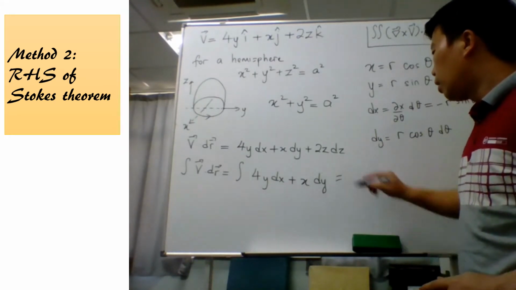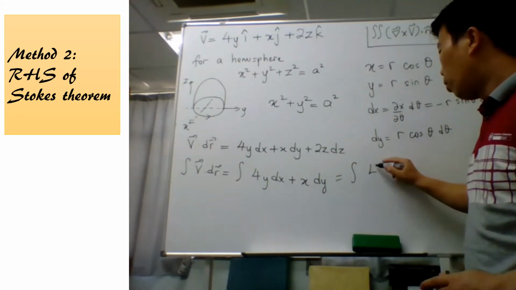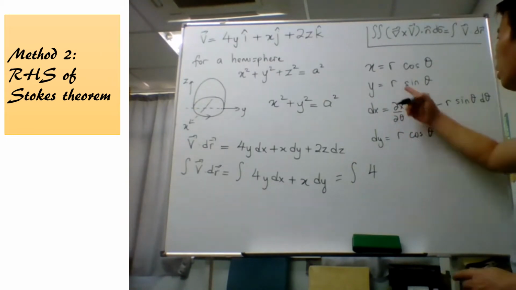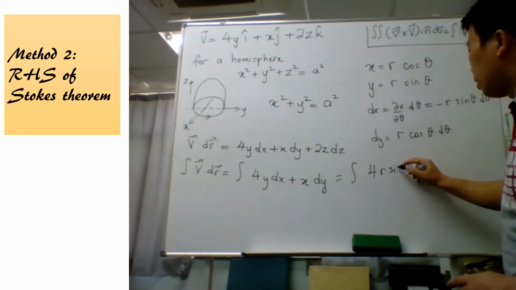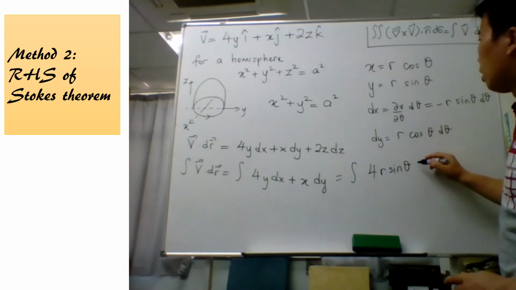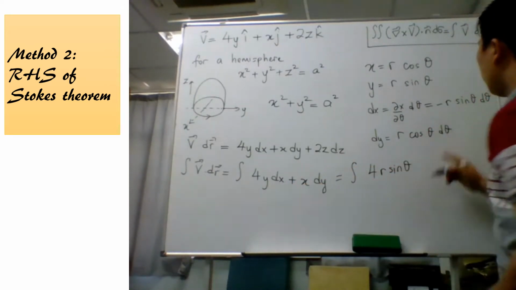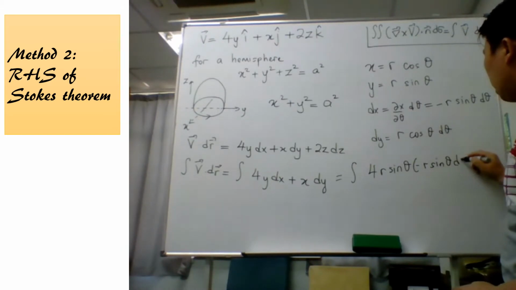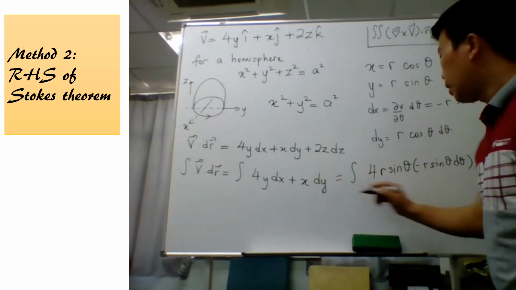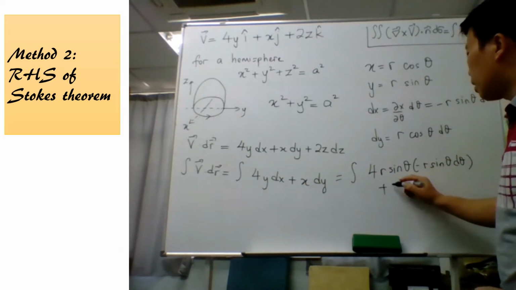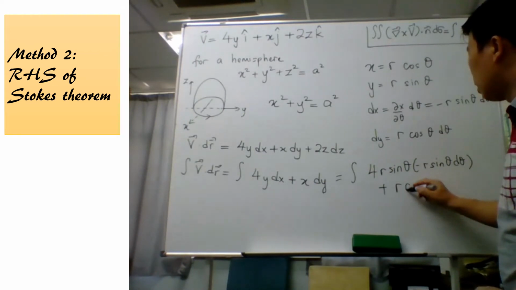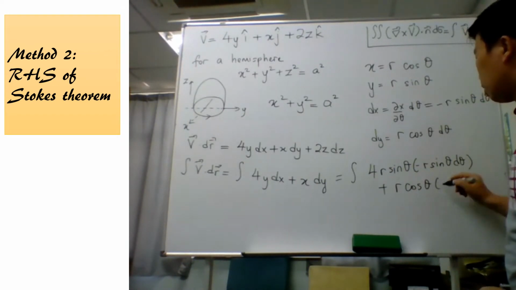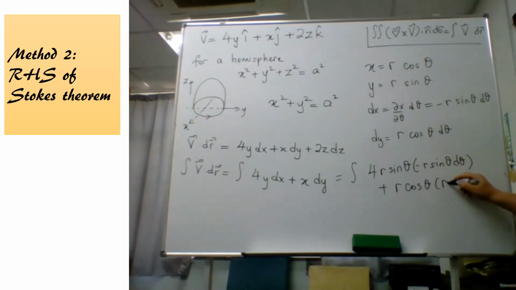So this is now going to be 4y is r sine theta, and dx is minus r sine theta d theta, plus x is r cos theta, dy is r cos theta d theta.